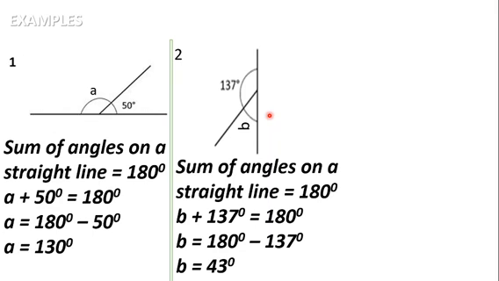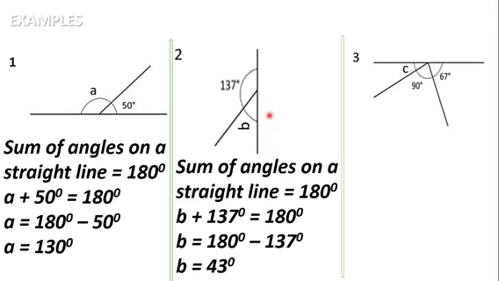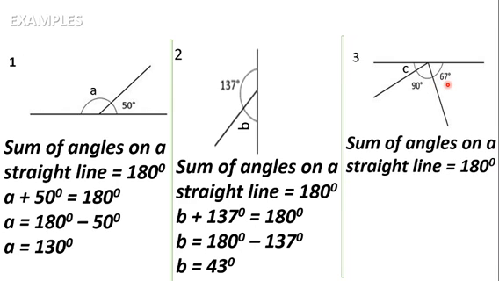And then the last but not the least, you have this particular one. This angle on a straight line has been divided not into two now but into three. The first part is C, the second part is 90 degrees, and the third part is 67 degrees. But that doesn't change anything. The sum of angles on a straight line is still 180 degrees, and if you add those three together you get 180 degrees.